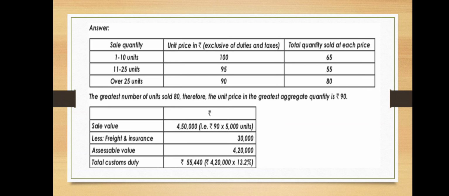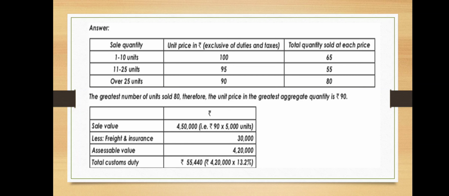How much will be the total custom duty payable? 55,440. As given in the problem, 12% is the basic custom duty. Here they have taken 13.2 because we need to add the Social Welfare Surcharge as well. So 12 into 10%, you will get 1.2. So 12 plus 1.2, you will get 13.2.